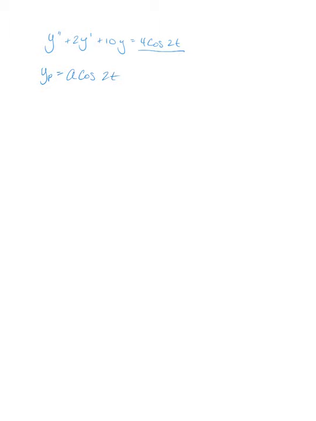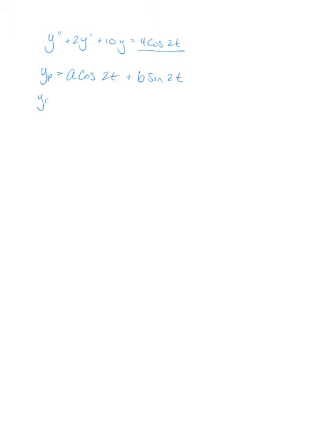So the derivative of cosine is sine, so I'm going to do plus b sine 2t. I don't need to do any more derivatives because the second derivative of 4 cosine 2t would be another cosine term, and it could combine with the a cosine 2t. So I just need the sine and the cosine term.